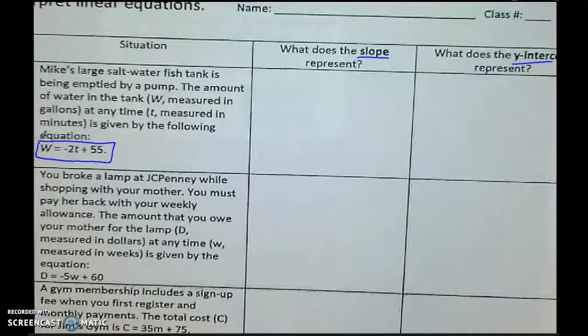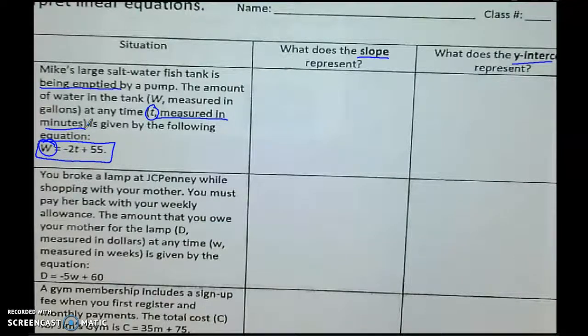So if we look at the first one, Mike has a saltwater fish tank, and that tank is being emptied. The amount of water in the tank, that's W. So this is how much water is in the tank. And then T is going to represent the number of minutes.